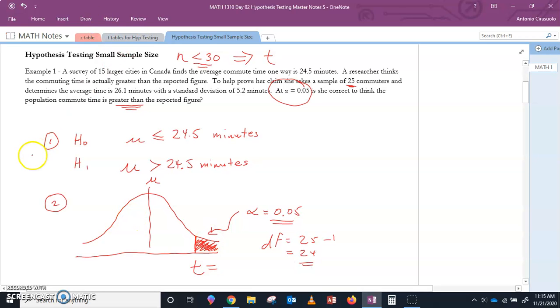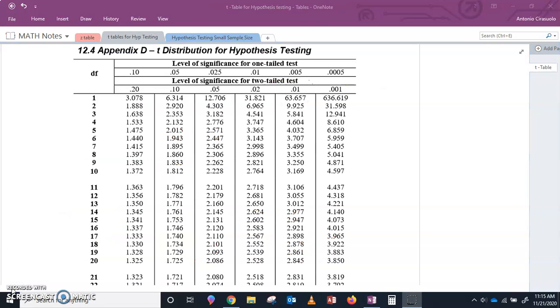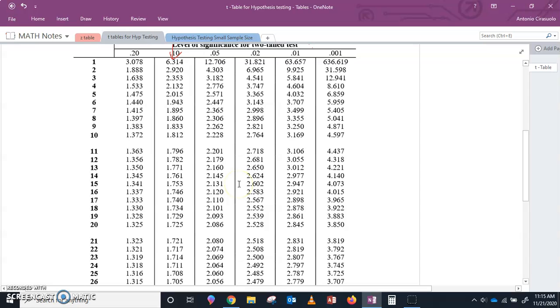Okay, so let's go and make that happen. So once again, here's our t-distribution for hypothesis testing, and this is the level of significance. It's a one-tailed test at 0.05. So we know we're going to look down this column, and then we're going to look for degrees of freedom of 25 minus 1, which is 24, and where those two columns intersect, we end up with the magic value.